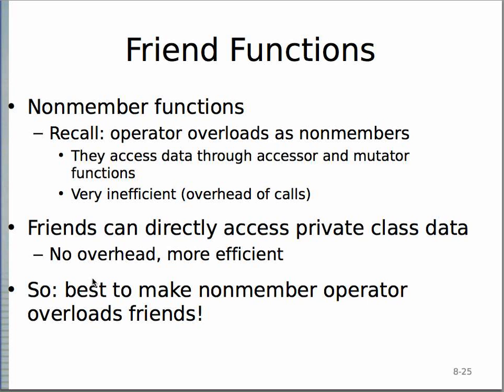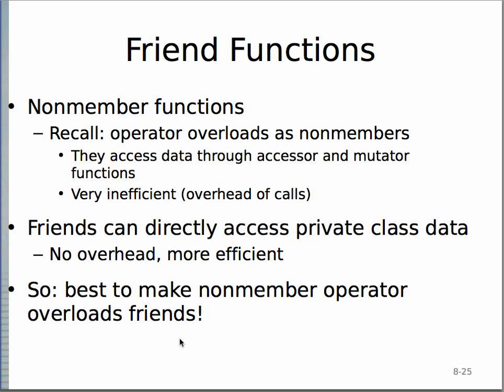So it's best to make non-member operator overloads friends. Anytime you are convinced that you want to make operator overloads non-members or standalone functions, and there are many good reasons for doing this, make them friends so that they can access data members more efficiently.